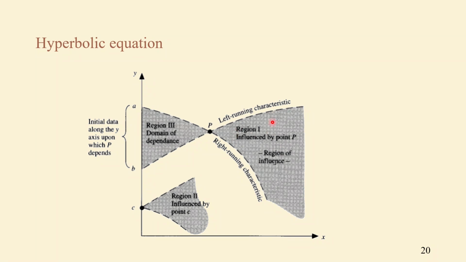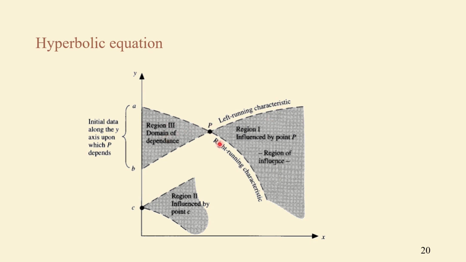This is known as the region of influence. So region 1 is influenced by the point P. And if we extend this curve backwards, we get the domain of dependence. The value at P depends on the initial data along the y axis. So if there is any disturbance at this point, it is felt in this region, which is the region of influence, and this is the region of dependence.